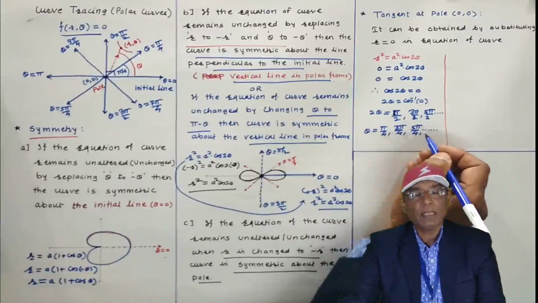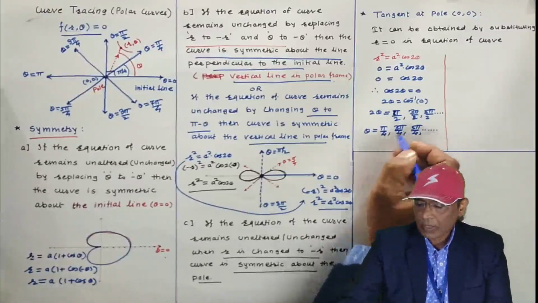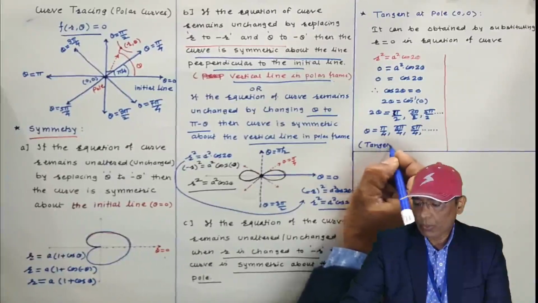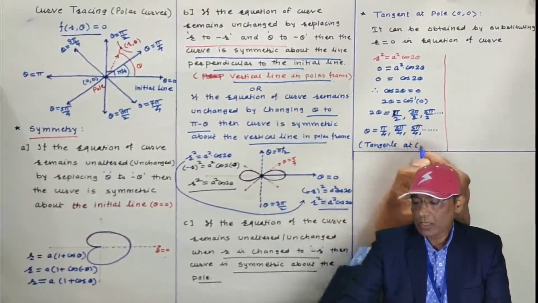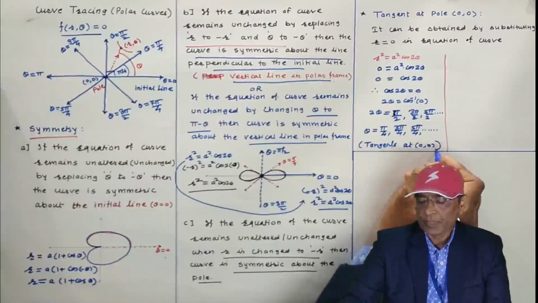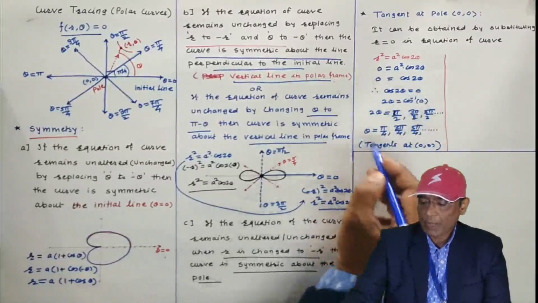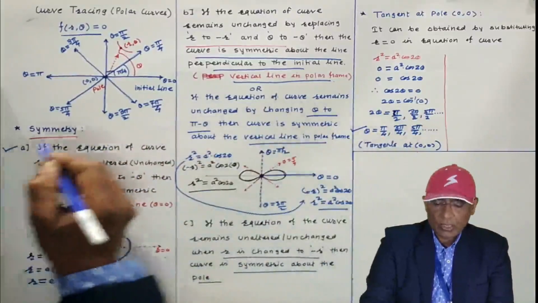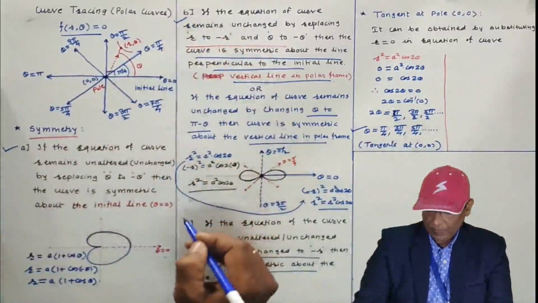Okay, we get an infinite number of tangents. These are the tangents to the curve at the pole, the tangents at 0, 0. In this way, an MCQ may be asked on the tangent at the pole, and MCQs may be asked on each point of the symmetry.